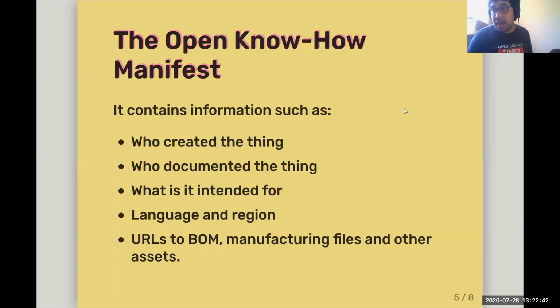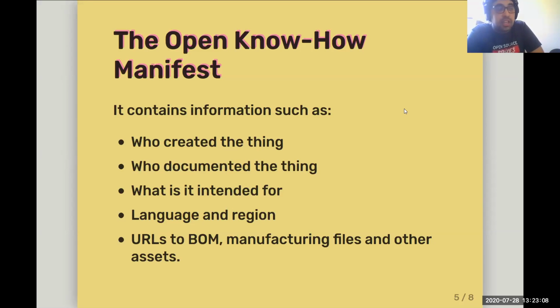And right now, the manifest contains information of different things, but some of the most important are who created either the manifest or the thing, who documented it, what are the uses, either by description, by a field of intended use, by a set of keywords, the language and region as well.